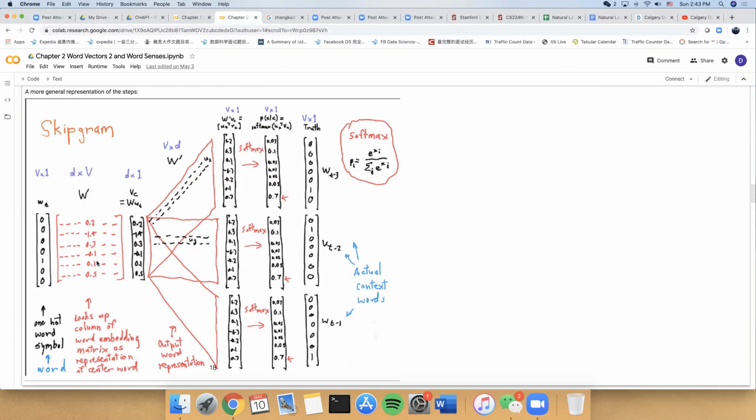All of the words are going to have 6 times 1, which is a vector of dimension 6 with 6 components inside. Could it be irrelevant to the window size? No, it doesn't really depend on it.